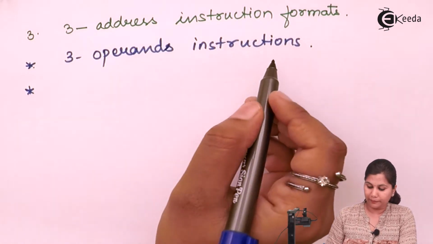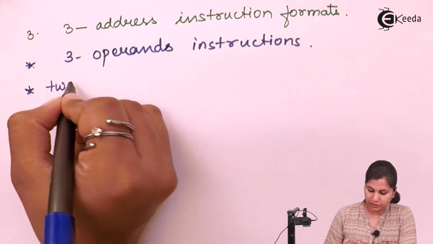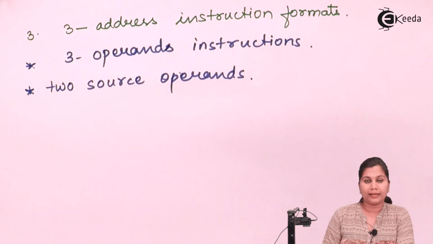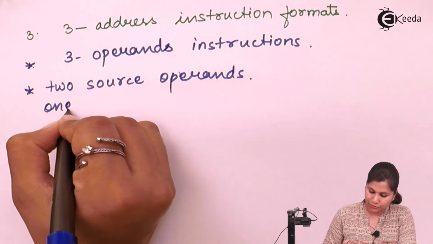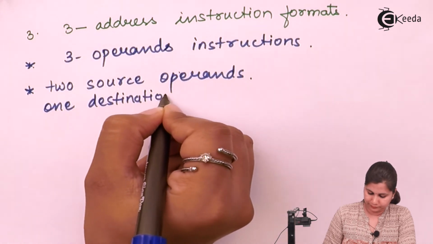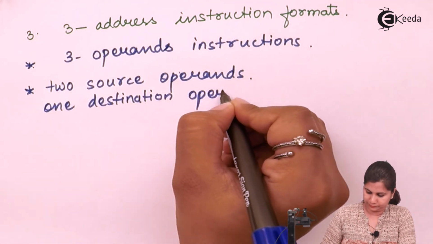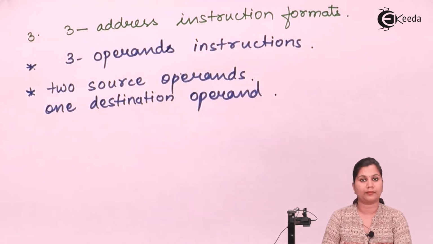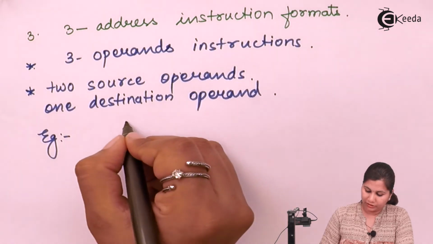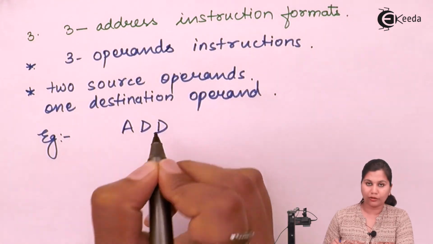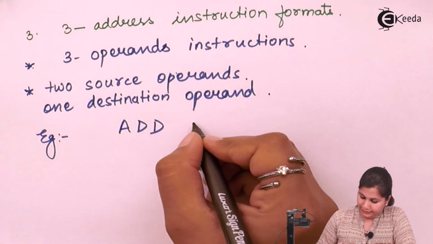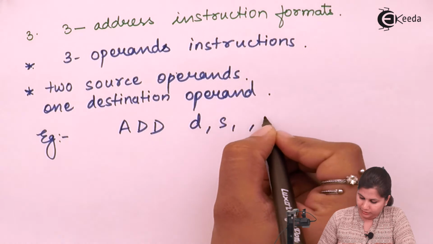Out of these 3 operands, 2 operands are the source operands and one is the destination operand. Let's take an example. We are having the add instruction. For add, we will write ADD, then D, and then S1, S2.